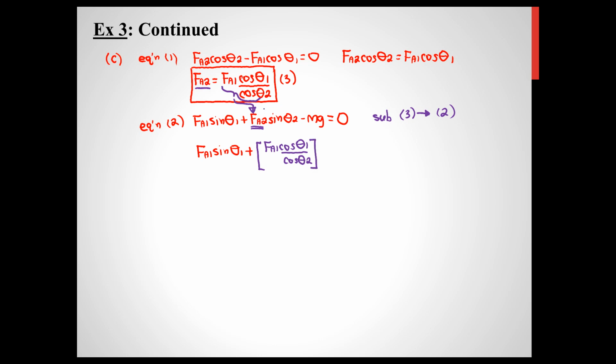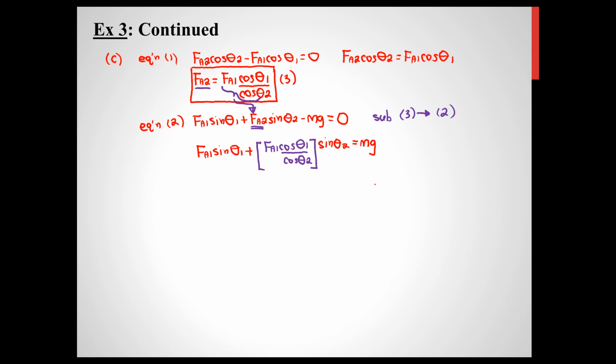So that's what I'm subbing in for FA2. Do the rest of the expression in the red color, times sine theta 2, subtract mg. Actually, you know what? Let's move the mg over to the other side, and we'll say just equal to mg if we add mg to both sides of the equation.